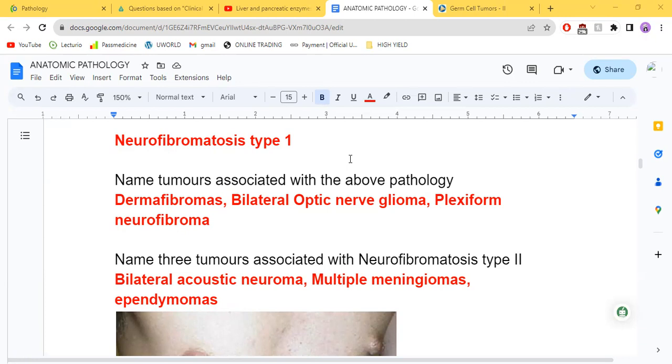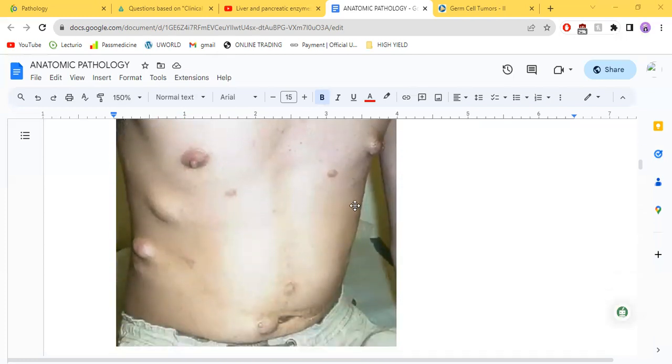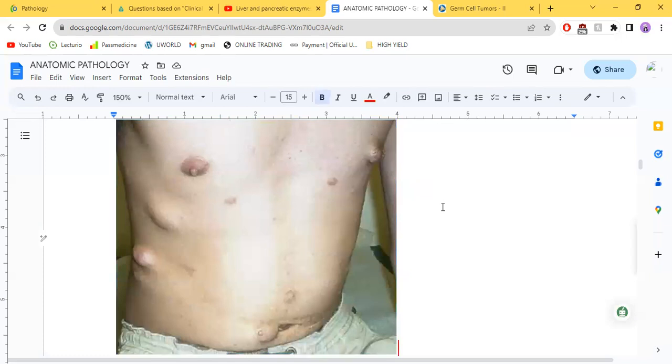For type 2, we have bilateral acoustic neuroma, multiple meningiomas, and ependymomas. Maybe you can see the type of lesion produced by neurofibromatosis type 2 in the picture below. They are not as numerous as type 1. There we go. So this is neurofibromatosis type 2.